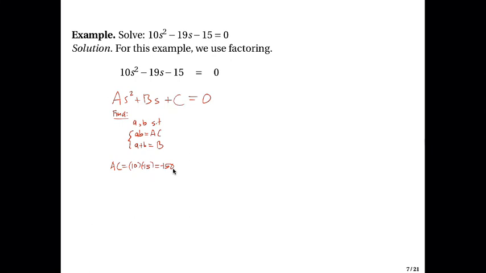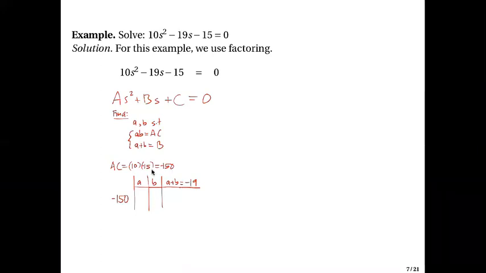So you have 150 here, and then you have your A, you have your B, and then you have your A plus B. And A plus B must be equal to minus 19. So choose a very good pair.